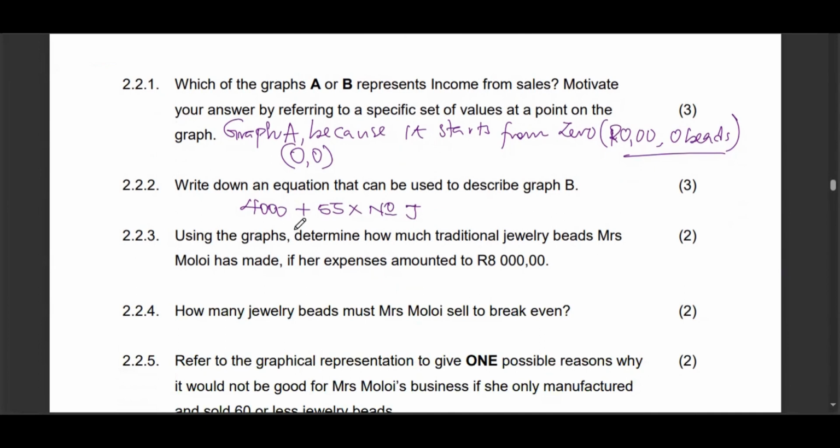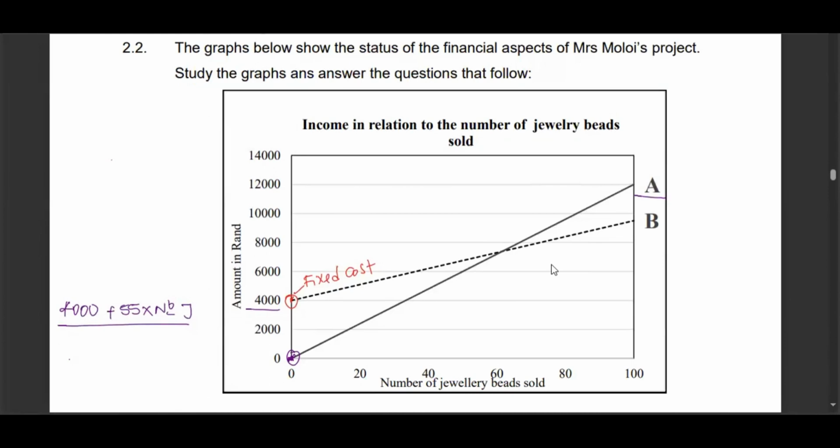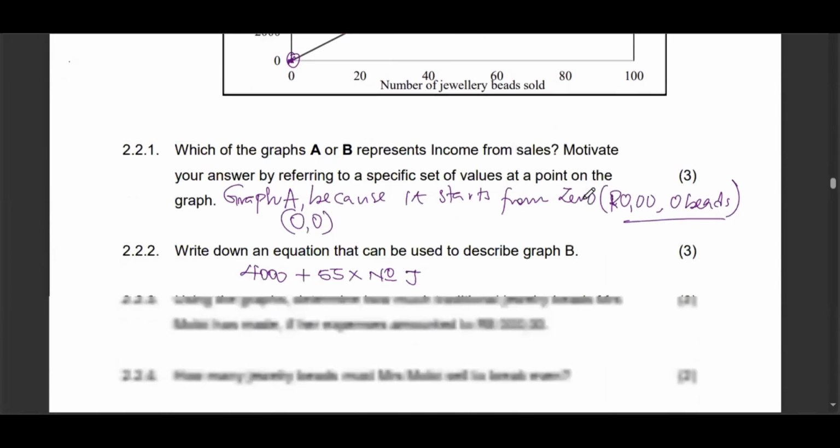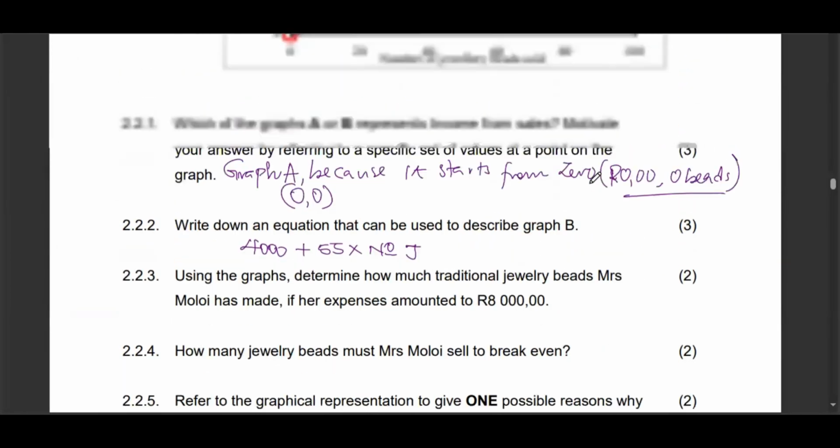Using the graphs, determine how much traditional jewelry beads Mrs. Molloy has made if her expense amount is 8,000. Now, what you're going to do, first and foremost, look for 8,000. When does it touch the cost price? Because they're saying expense.